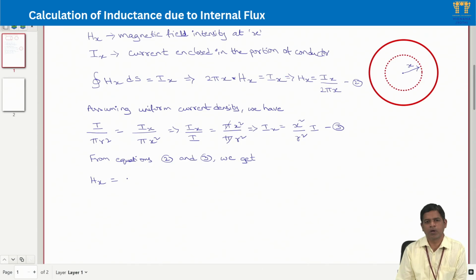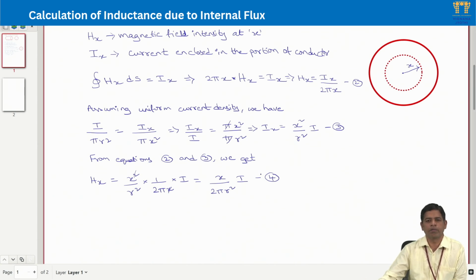Then this becomes x square by r square into 1 by 2 pi x into I. So here x in the numerator and x in the denominator get cancelled. So this becomes x by 2 pi r square into I. Let this be equation 4.